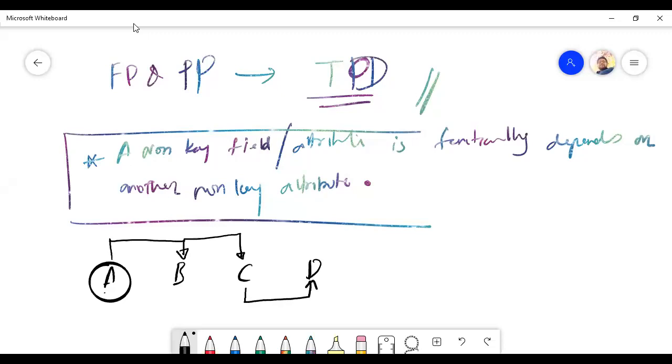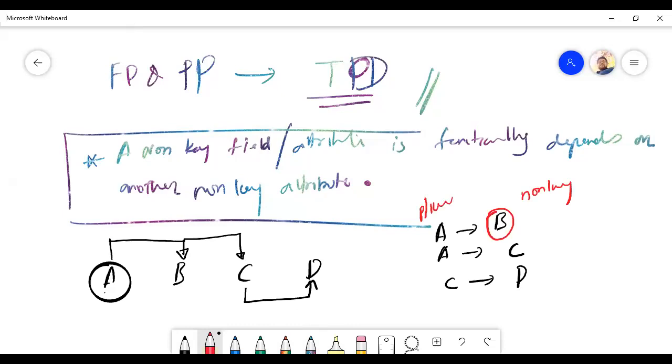Now you can see A determines B, A determines C, C determines D. Now this B is a non-key, this is the primary key.